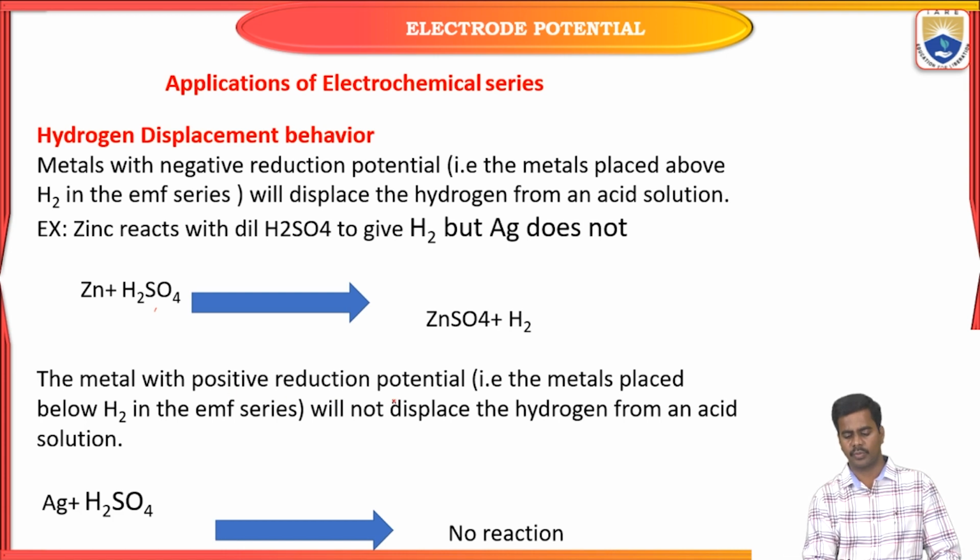The metals with positive reduction potential will not displace the hydrogen from the acid solution. Only metals with negative reduction potential can replace the hydrogen from acid solution, but not metals with positive reduction potential. So these are the applications of the electrochemical series.